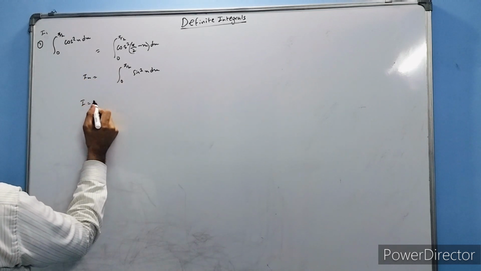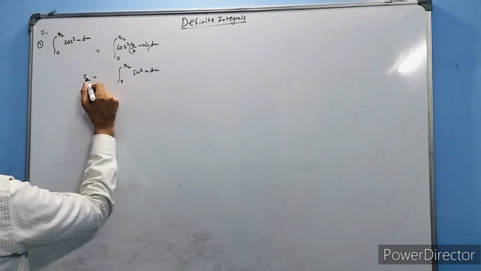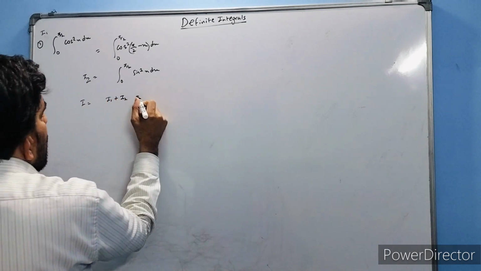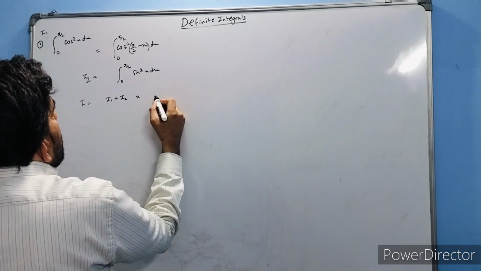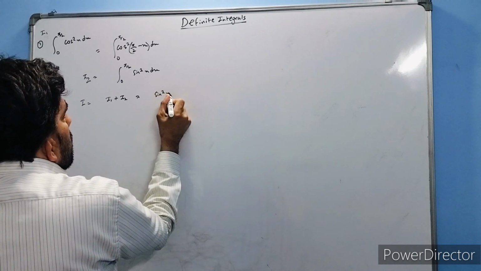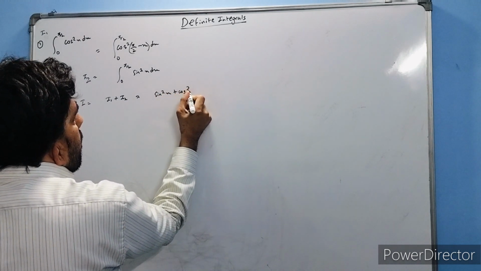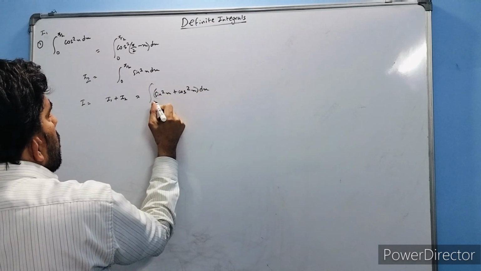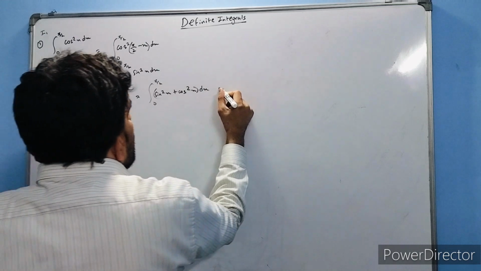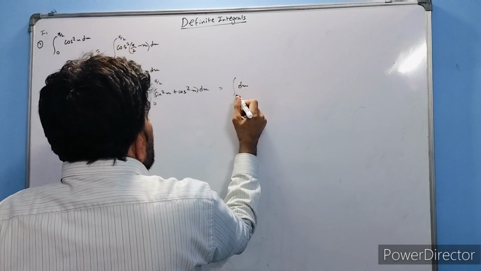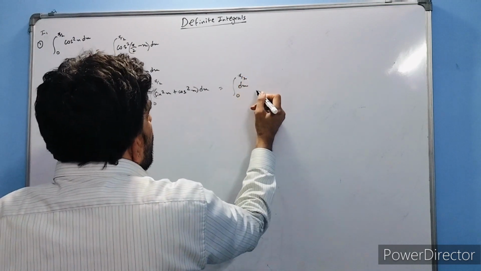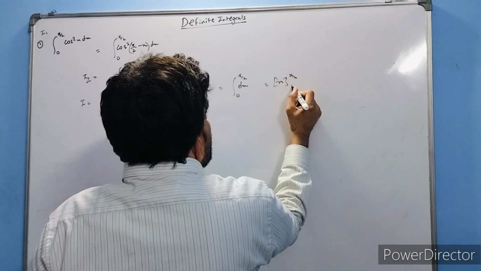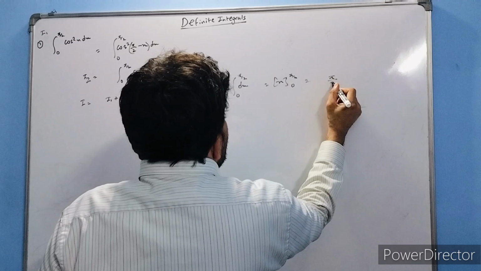Now I will be adding both, that is I1 plus I2. So we got the integral of sine square x plus cos square x dx, with limits 0 to pi by 2, which is equal to 1, that is the integral of dx from 0 to pi by 2, and we got x, that is pi by 2 minus 0, so I got pi by 2.